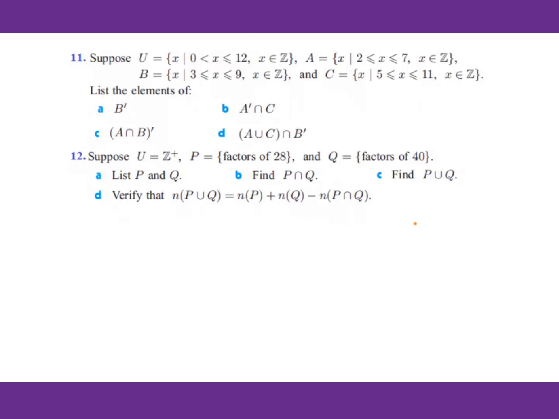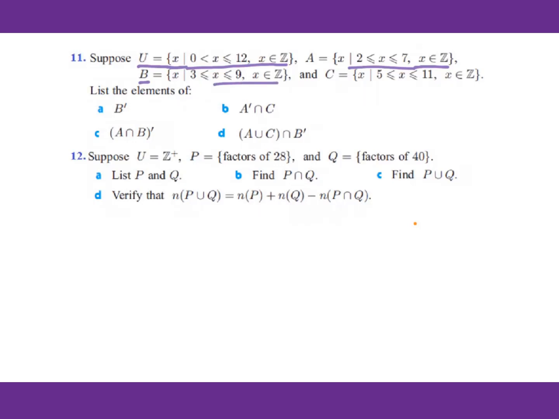Suppose the universal set equals x greater than 0 and less than or equal to 12, x is an integer. Set A equals x greater than or equal to 2 and less than or equal to 7, x is an integer. B is x between 3 and 9, 3 and 9 included, x is an integer.